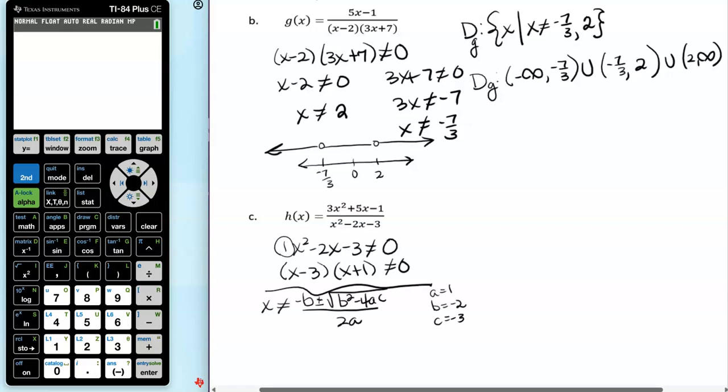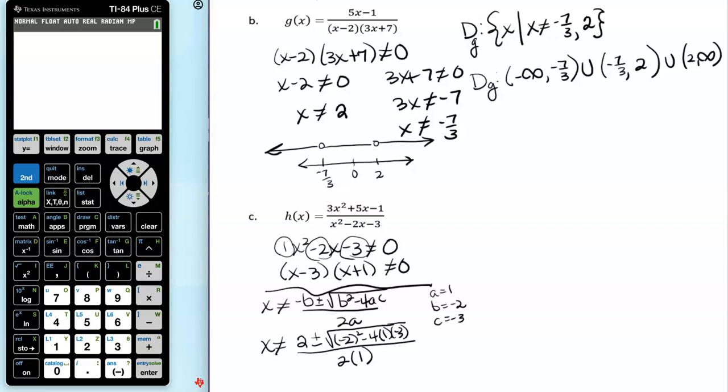I'm taking these coefficients here. So x cannot equal the opposite of b, which is a positive 2, plus or minus the square root of negative 2 squared, minus 4 times 1 times negative 3, over 2 times 1.